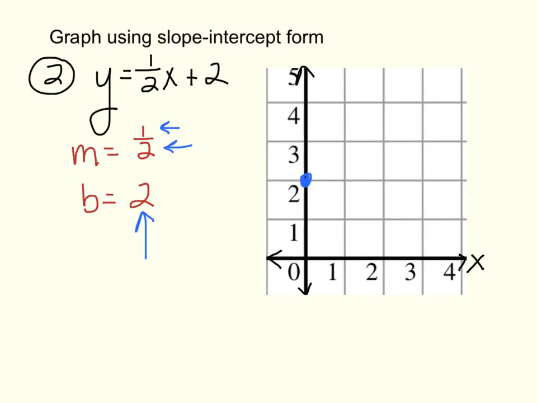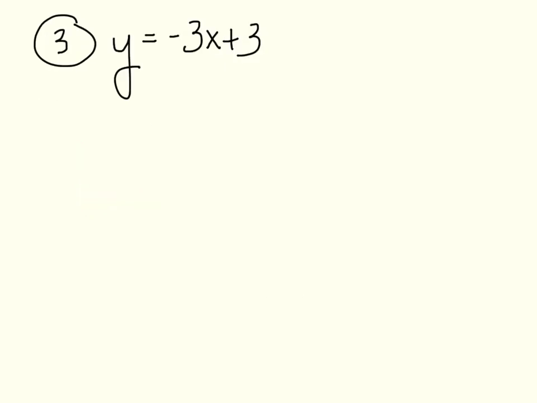It's positive 1 over positive 2, so up 1, right 2. Put your dot. Then go up 1 over 2 again. And there are my 3 points, and there's my line. Your line goes up 1 over 2, and it crosses the y-axis at 2.